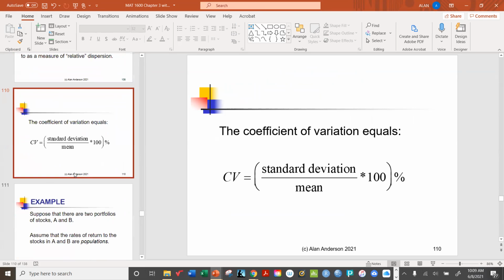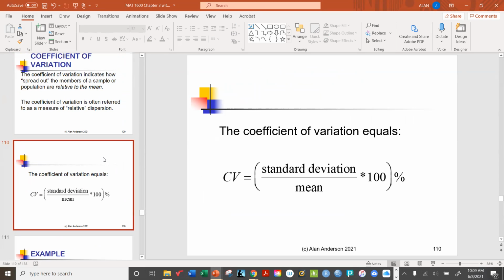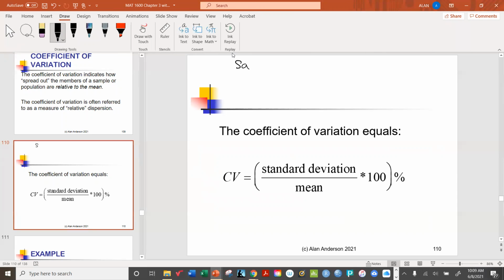Now, what that means, in fact, let me put this in here just to make sure it's very clear. That means for a sample, the coefficient of variation would be S over X bar times 100.